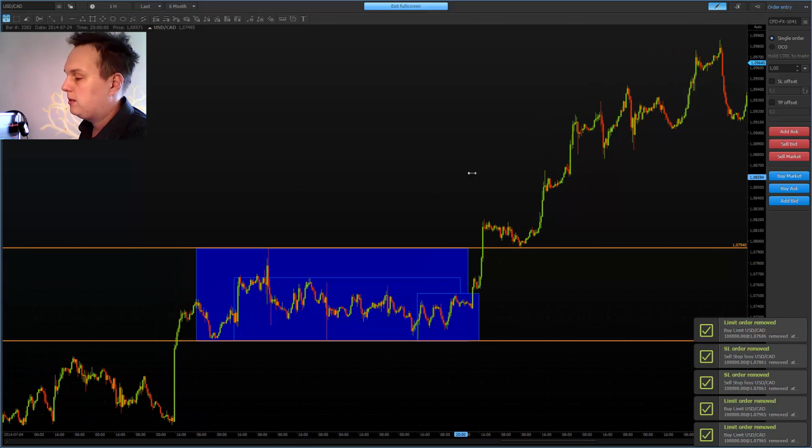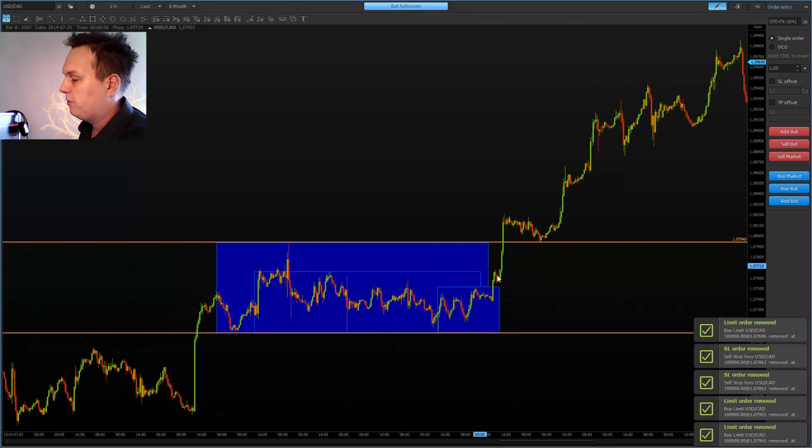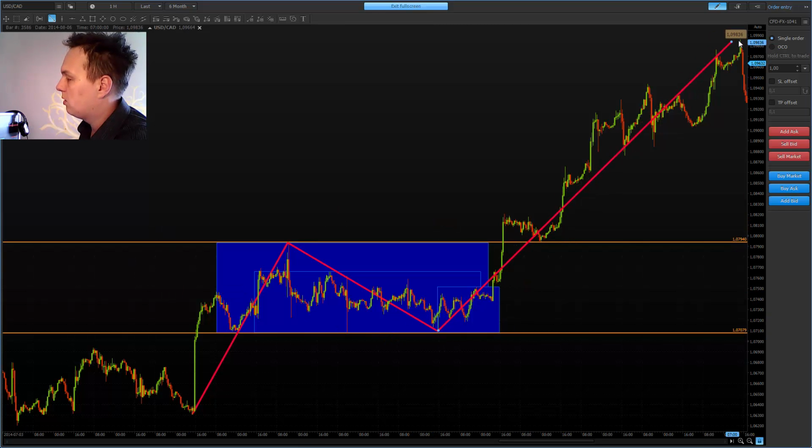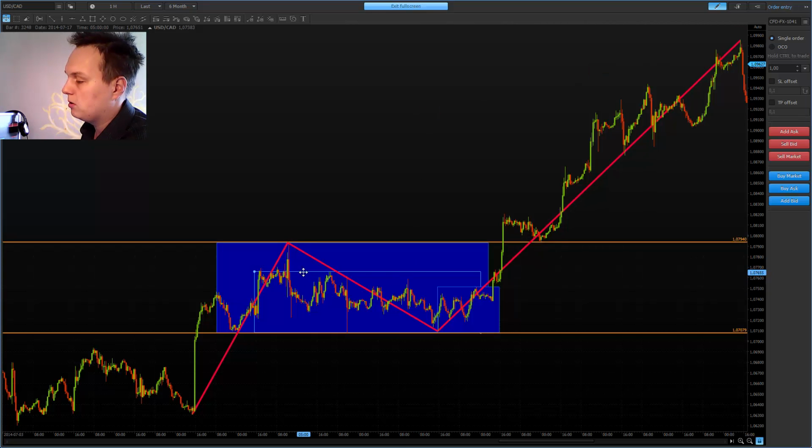So basically, we have here something called rally base rally. What about these types of zones? Is it better to build a bigger zone or a smaller zone?